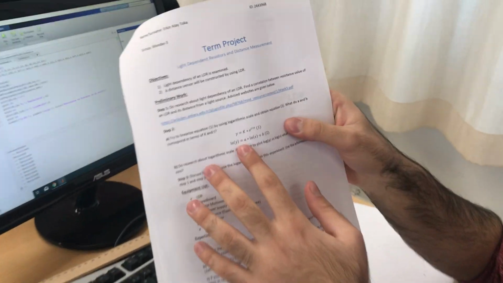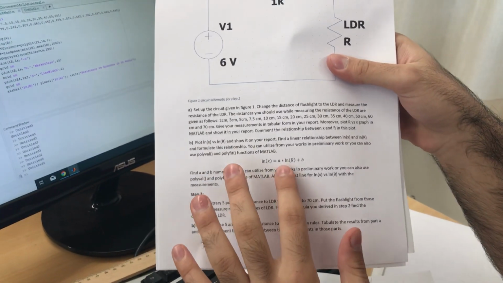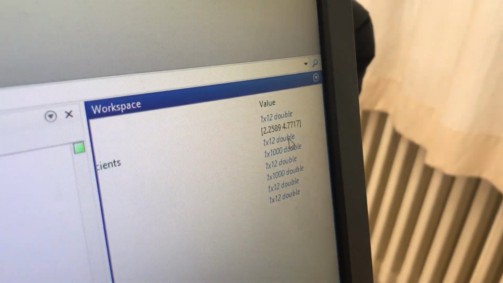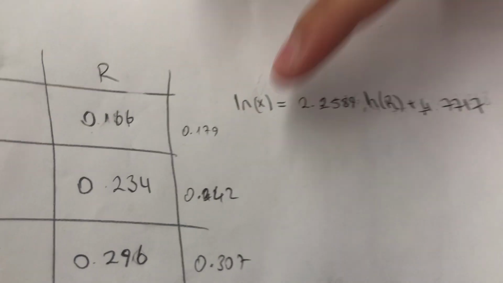It is ln x equals a times ln r plus b, and the polyfit function gives me the a and b values. This is for the red line that I showed you, and this is our equation.